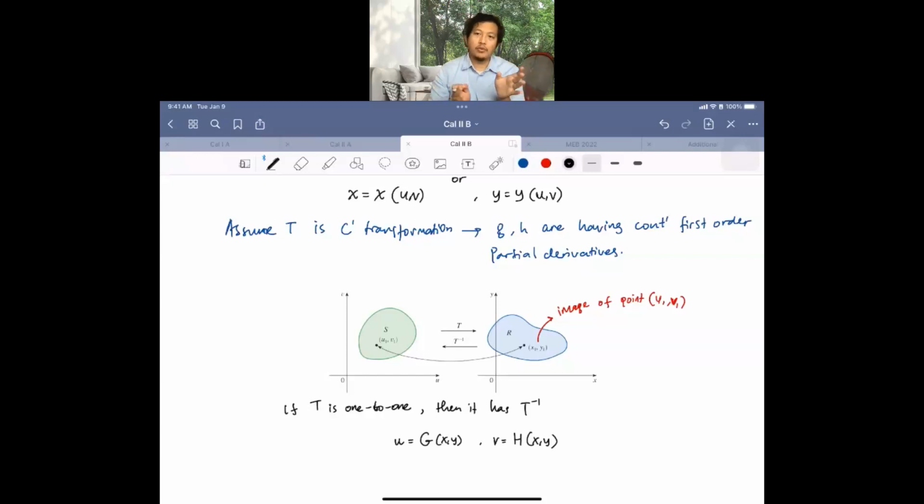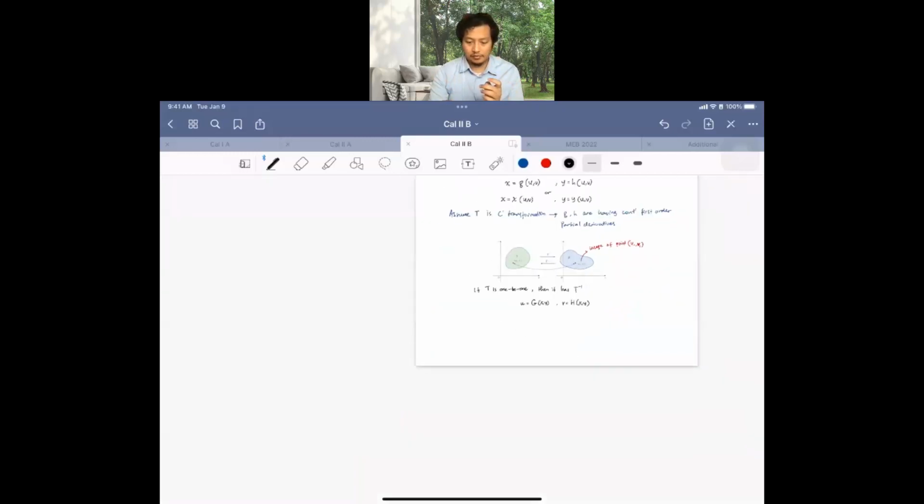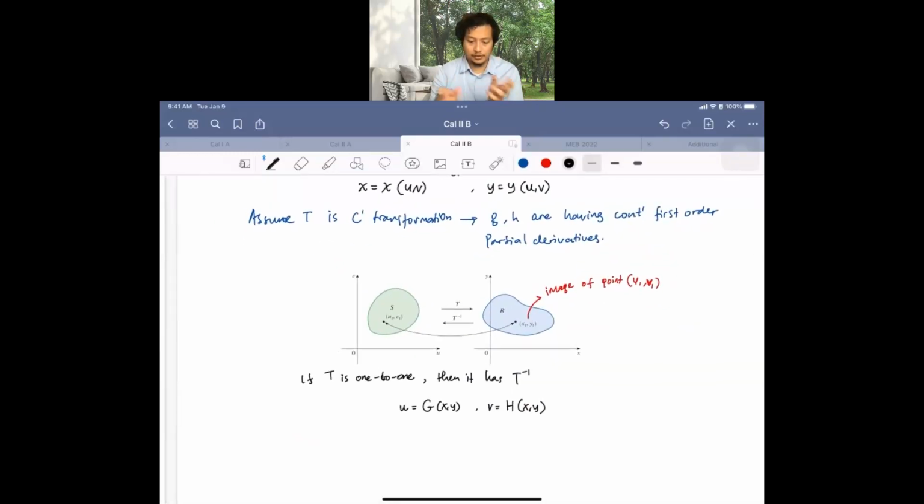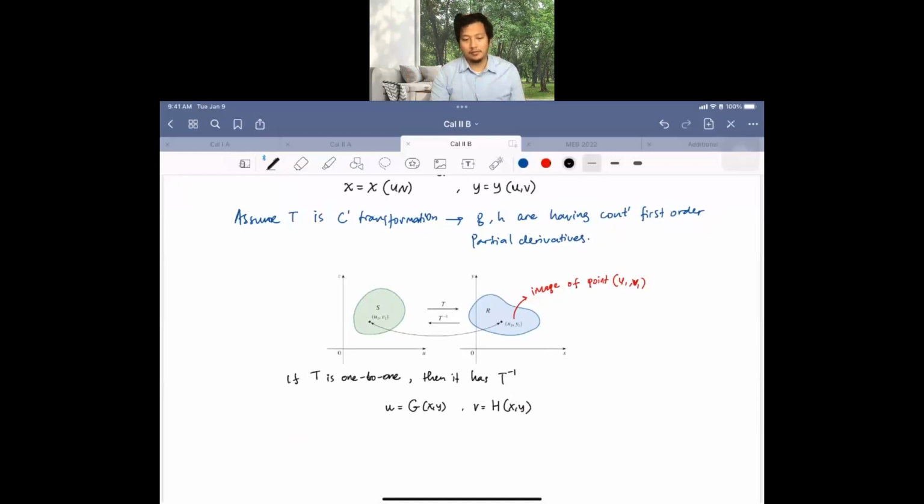So let's say, to give you a clearer explanation of how the transformation might happen in some plane, let me give you some visuals later on the next page.